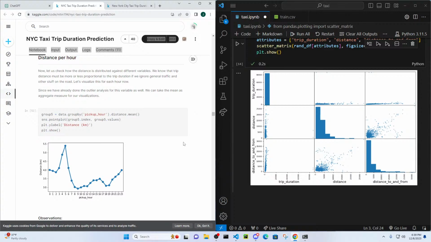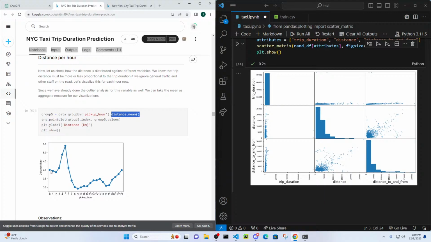So from midnight to midnight, basically, grouping by the pickup hour, and then the average distance based on the pickup hour. So it looks like the distance in kilometers traveled per trip is the highest between 4 and 7.